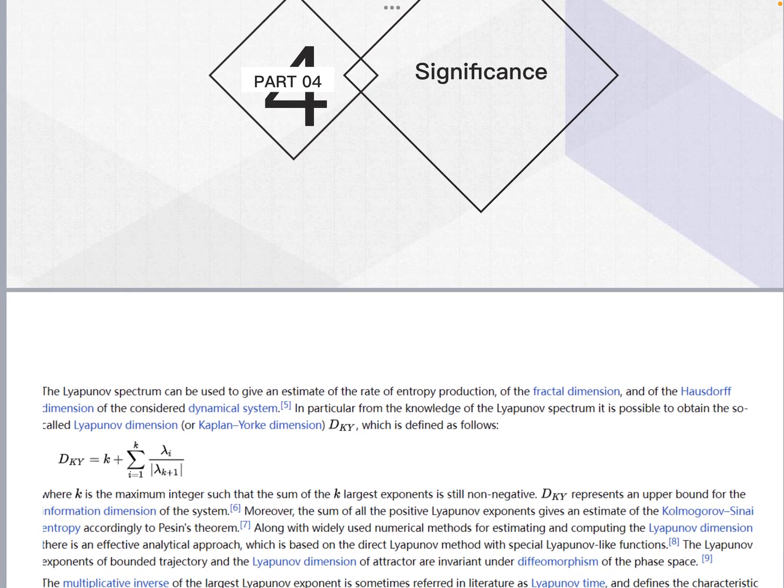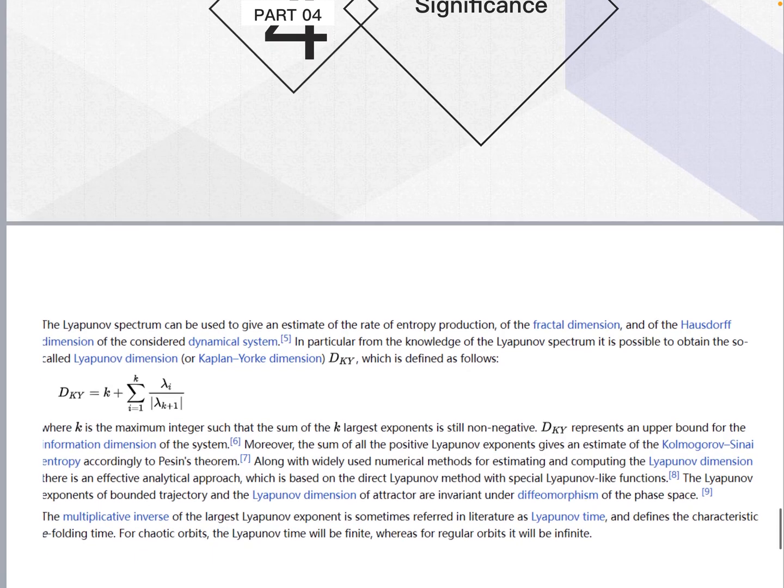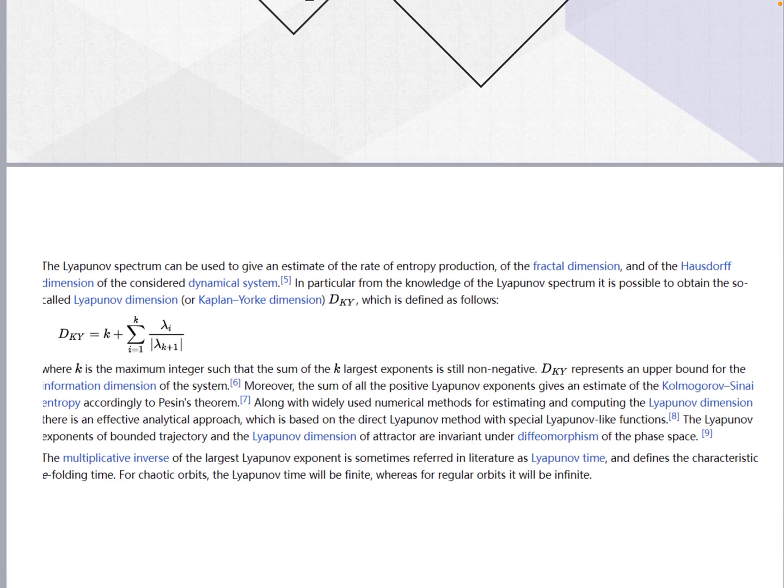Now we come to the fourth part about the significance. The Lyapunov spectrum can be used to give an estimate of the rate of entropy production, of the fractal dimension, and of the Hausdorff dimension of the considered dynamical system.